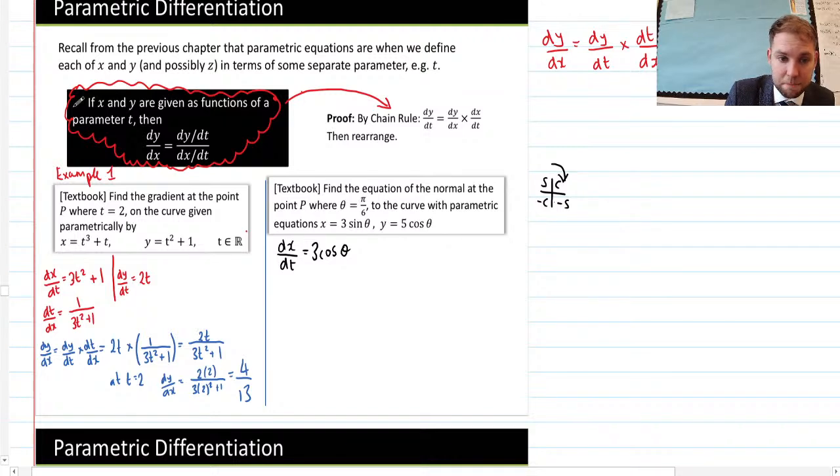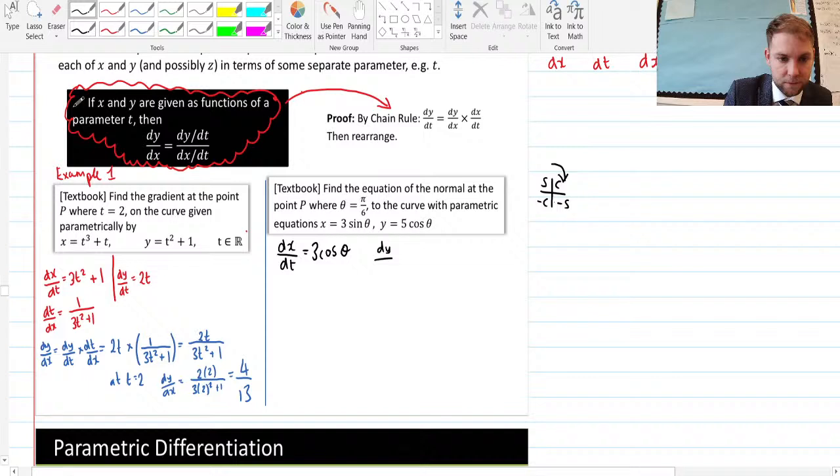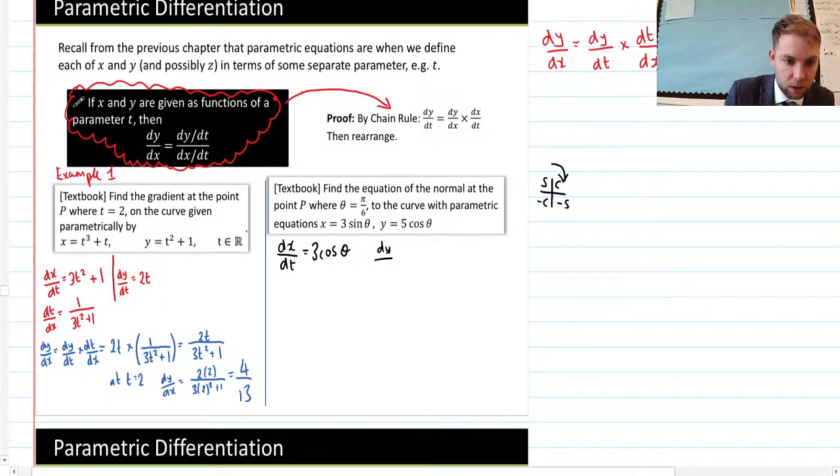Cos differentiates to minus sine, so dy by, oops, just realised I made a little mistake there. So this should be dy by d theta, sorry. So dy by d theta is equal to, well, cos differentiates to minus sine, so that's minus 5 sine of theta.